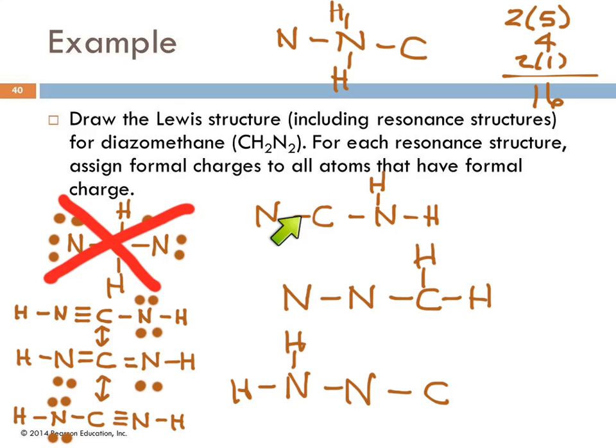Let's do this guy. 2, 4, 6, 8, 10, 12, 14, 16. Not everybody being happy, so we'll take a lone pair from carbon and make a bond there. That nitrogen on the end is still not happy, so I'm going to take this other lone pair and stick it over there.